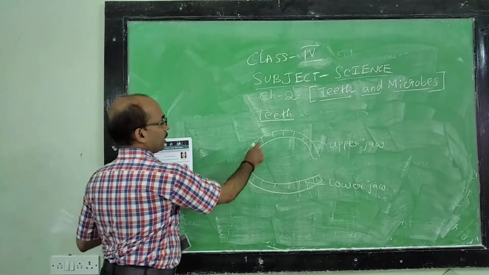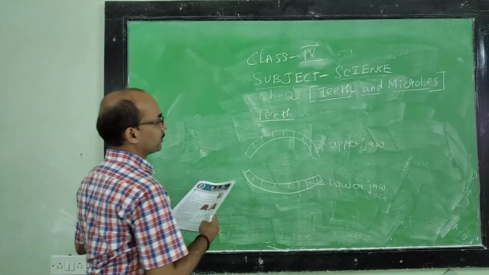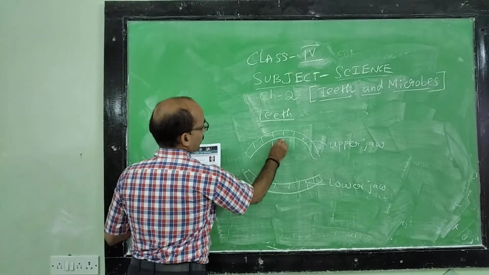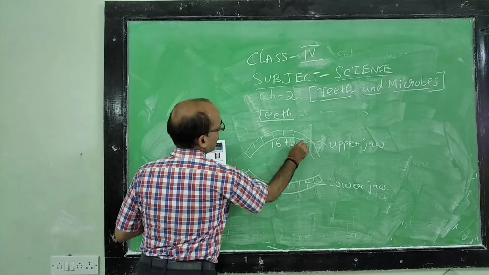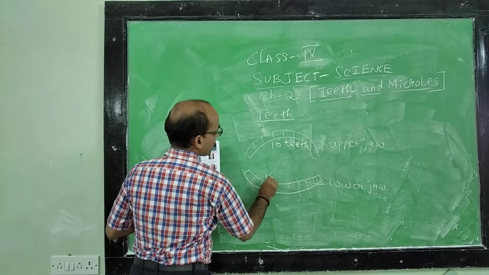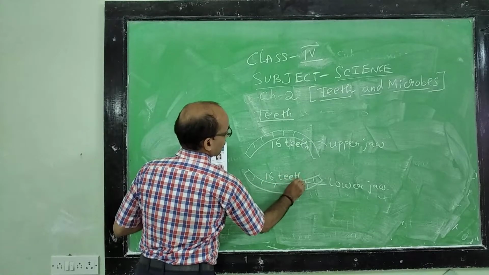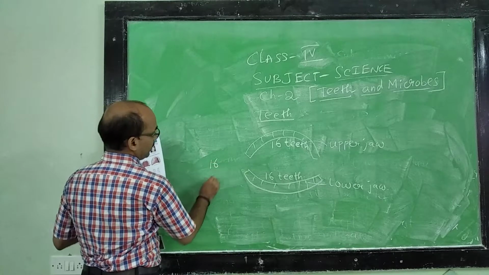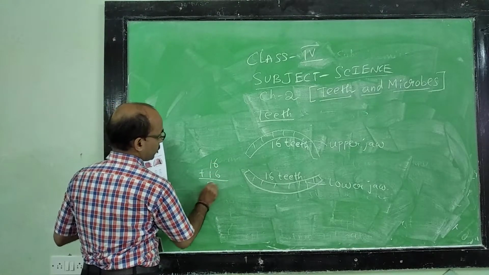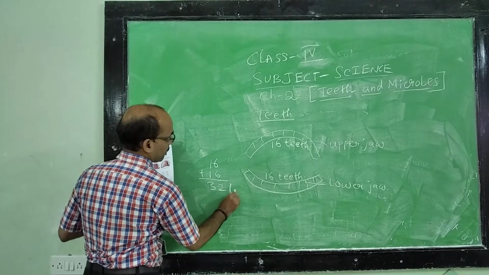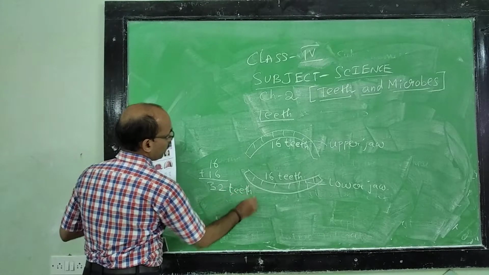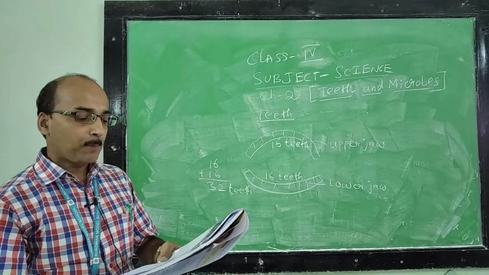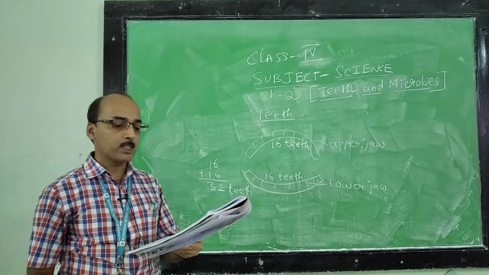I have not drawn the teeth, I am just mentioning the upper jaw and the lower jaw. So the upper jaw contains 16 teeth and the lower jaw also 16 teeth. 16 plus 16 gives you 32 teeth. So there are 32 teeth in an adult. Upper and lower jaws have the same kinds of teeth.